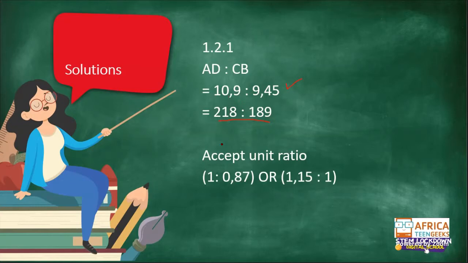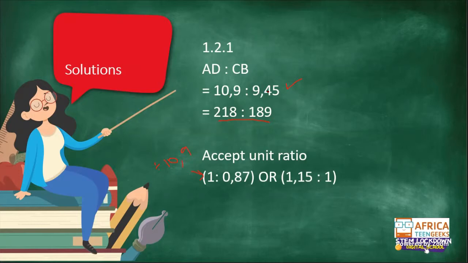If you simplify it and divide, for example, 10.9 by 10.9, you would have got 1. And if you divide both sides, 9.45 divided by 10.9, your answer would have been 0.87. So you get this by dividing by 10.9.